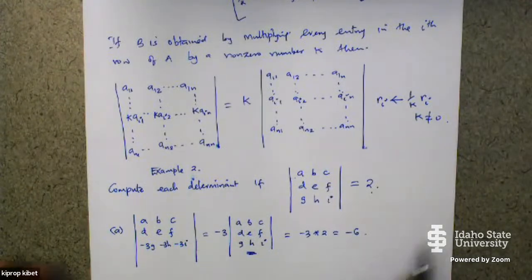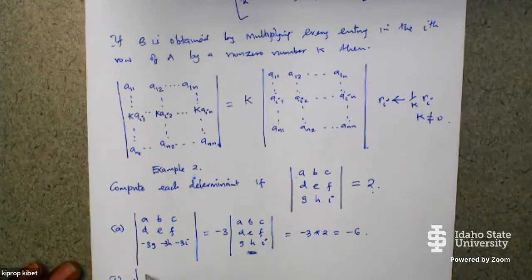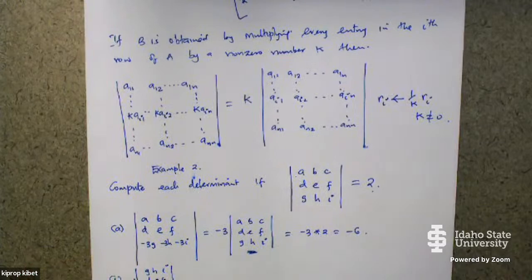Number B. Find the determinant of G, H, I, D, E, F, A, B, C. So what happened here? What did we do? We switched R1 and R3.